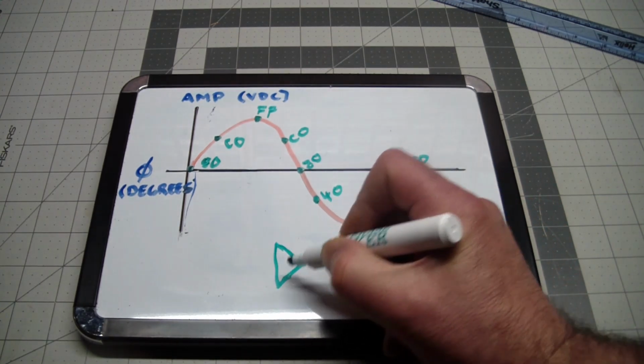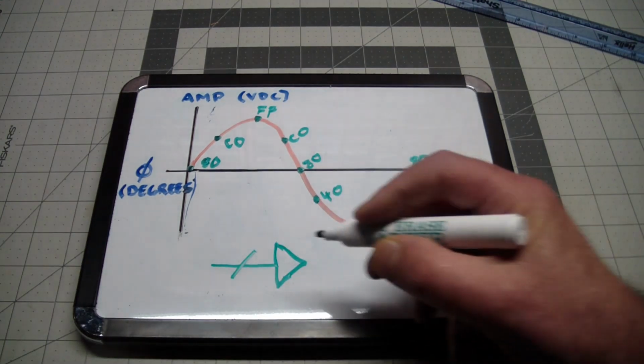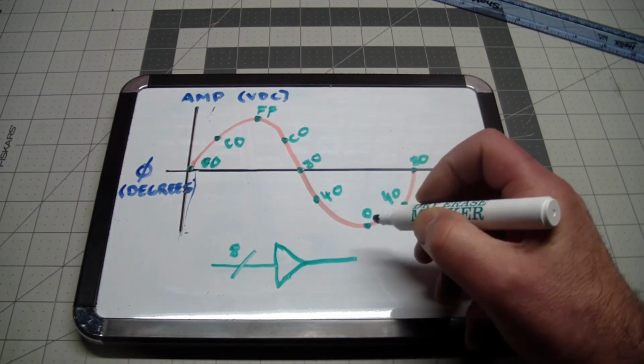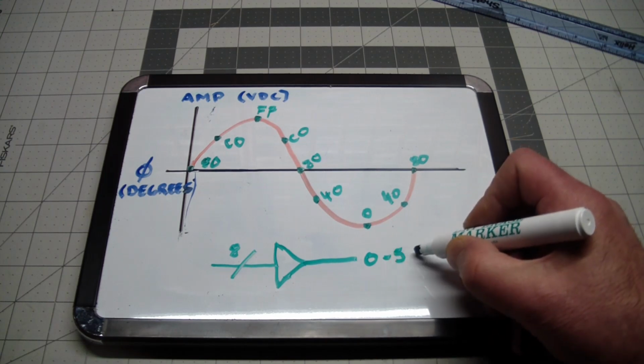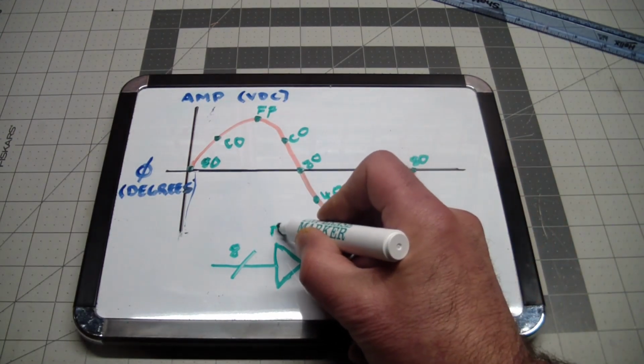Let's just draw it like this. So we have 8 bits coming into this, and on the other end, we have an analog signal that goes from 0 to 5 volts. And this is a D to A converter.